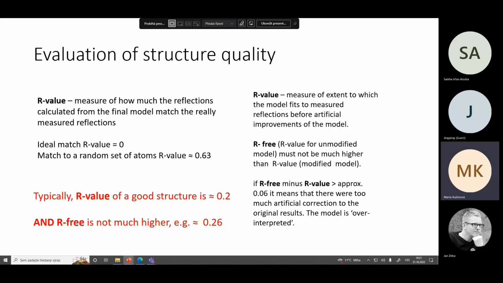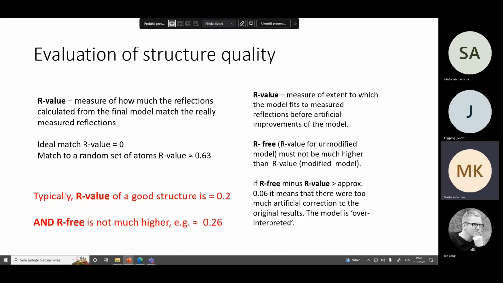Please remember this value. And the R free value is very similar. However, the X-ray expert excludes 10% of the data before the artificial modification, before the software elaboration of the diffraction pattern, creates the model, the atomic structure, and then they predict the diffraction pattern for the whole molecule and observe how well those 10% are predicted.